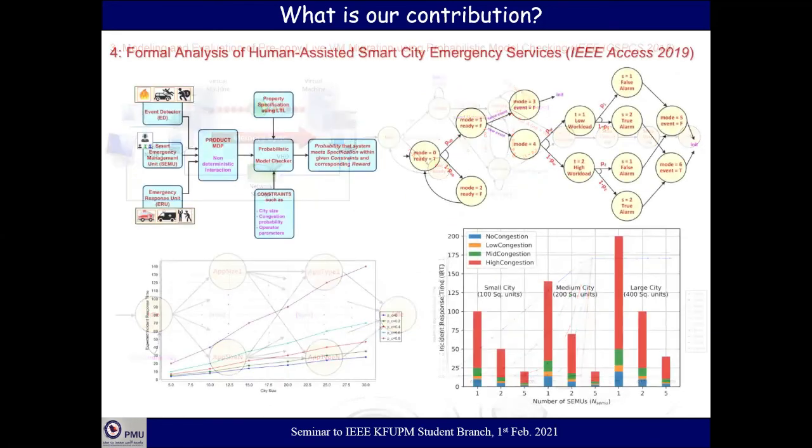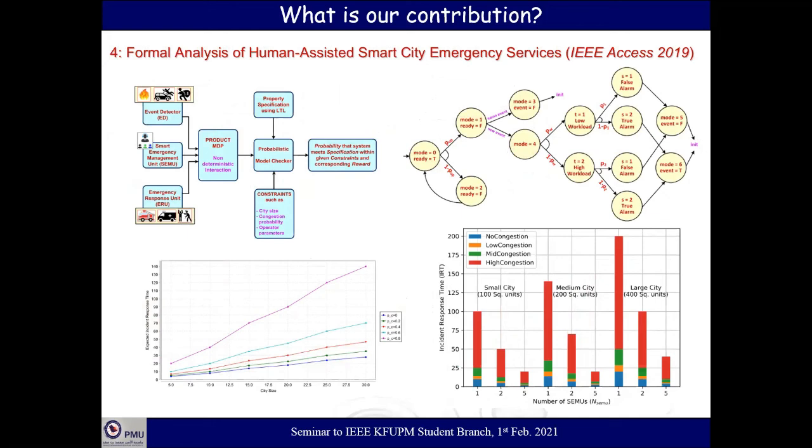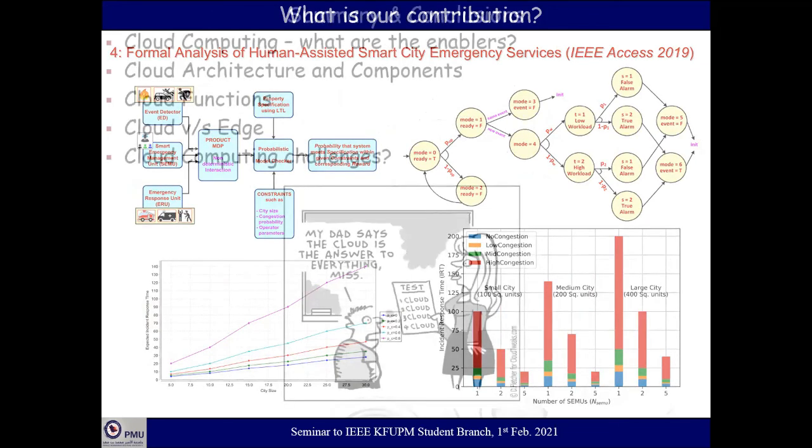And we are also working on smart city emergency services. A smart city is basically a collection of IoT-based devices. So we collect data from various sensors and then we try to model the smart city services.